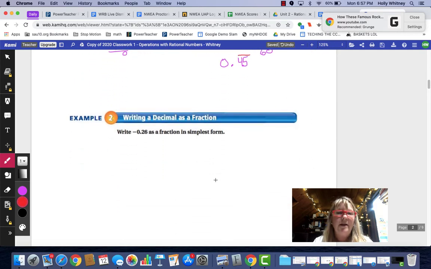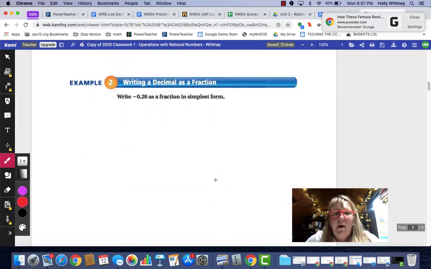Okay, writing a decimal as a fraction. This is way easier, because if you say it correctly, then you've written it already for yourself. So negative 0, and remember this is the tenths place, and this is the hundredths place.